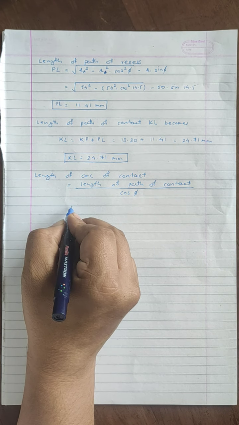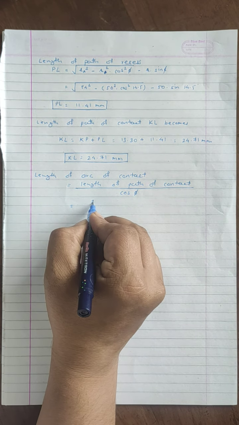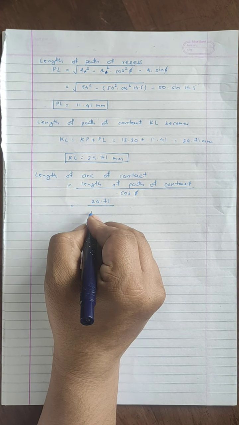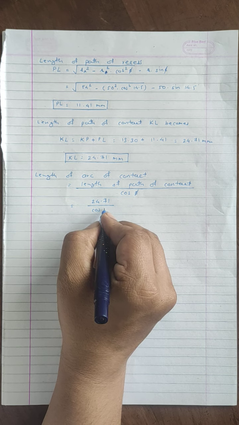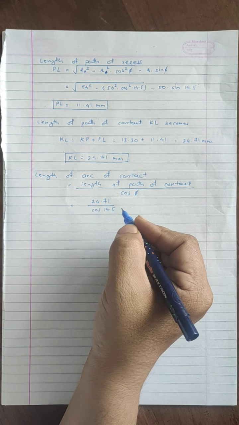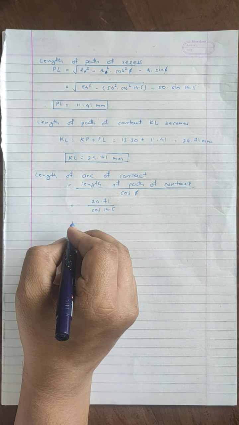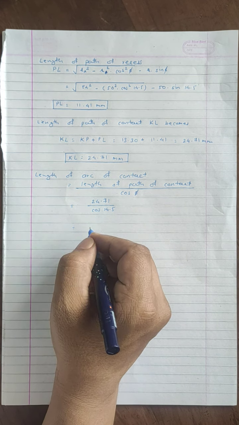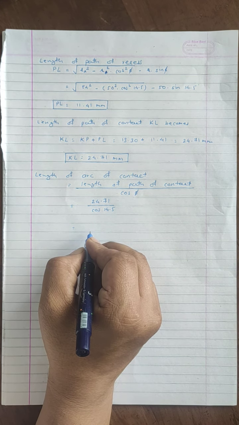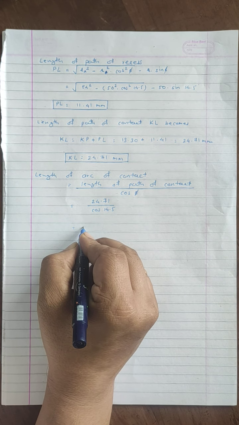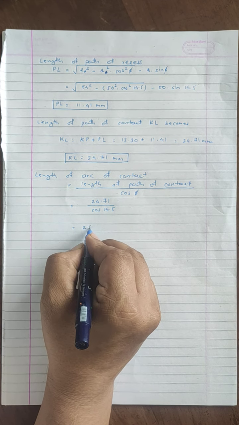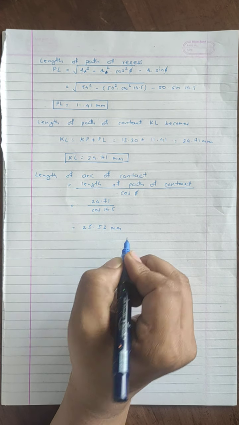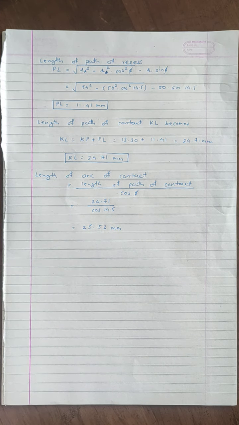So it will be 24.71 upon cos of 14.5. So the length of arc of contact, if we calculate this, will be 25.52 mm, isn't it?